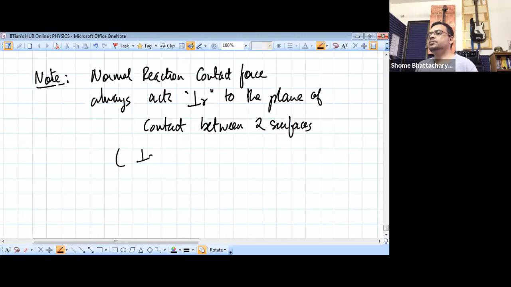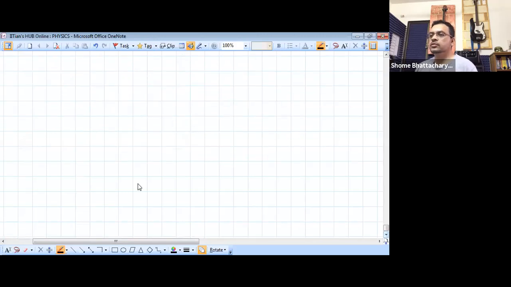In fact, the term perpendicular in maths is also called normal. Normal means perpendicular.